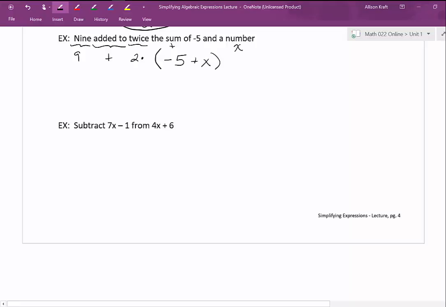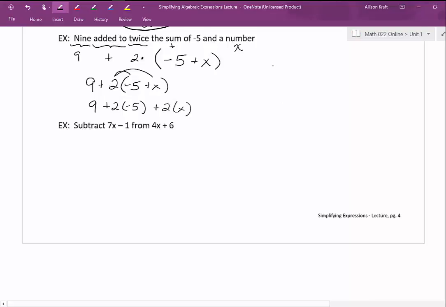I'm going to write this a little bit nicer and then see if it can be simplified. I'm going to rewrite this 9 plus 2 parentheses negative 5 plus x. I see that distribution can happen here, so I'm going to distribute the 2. A positive 2 times a negative 5, and then a positive 2 times a positive x.